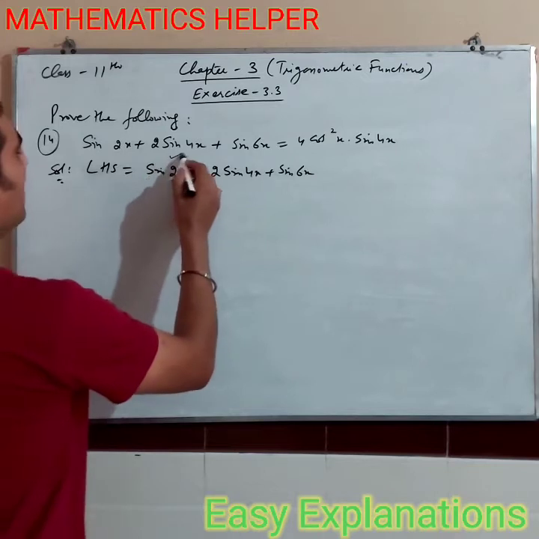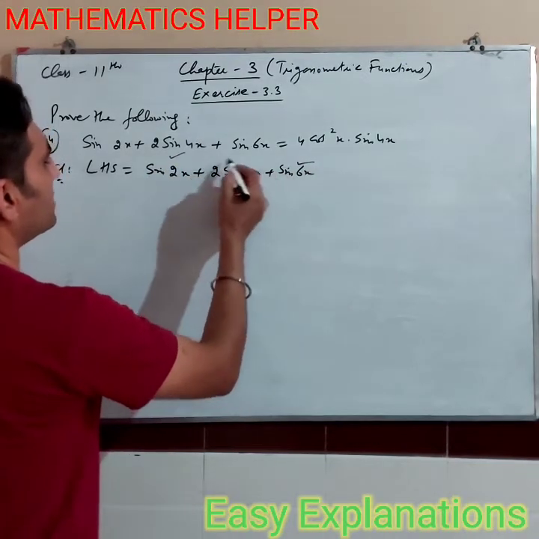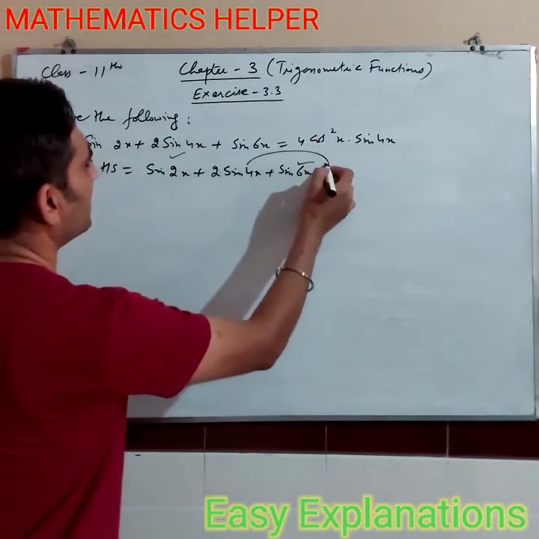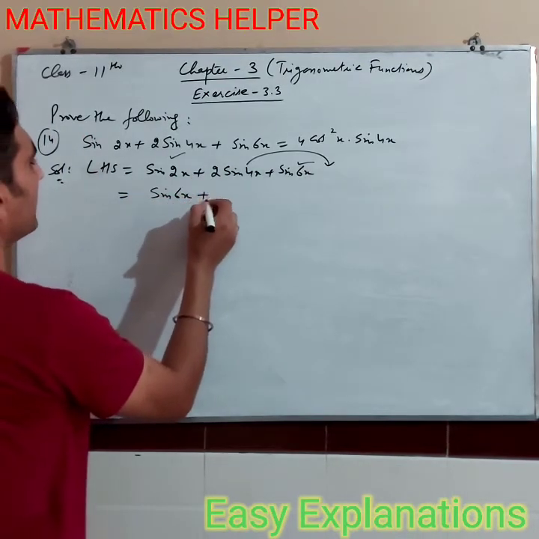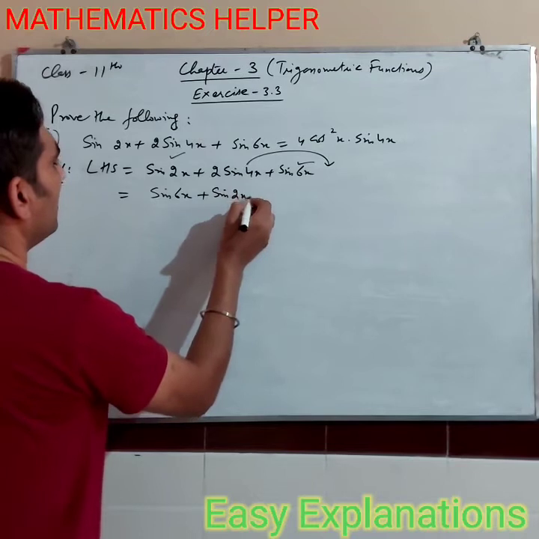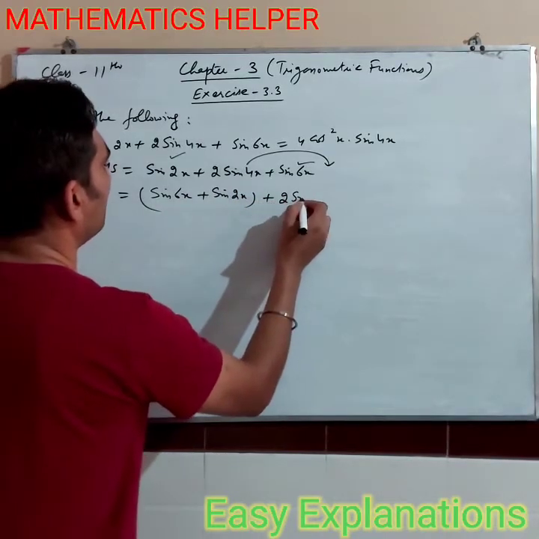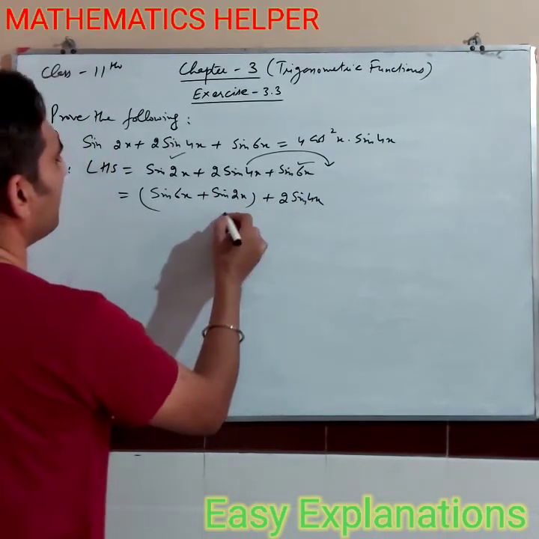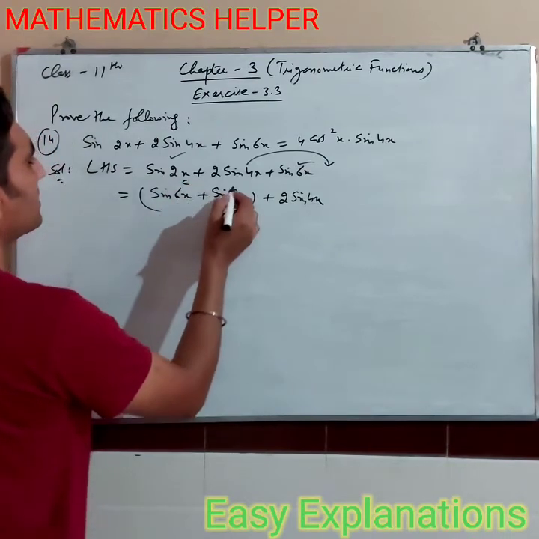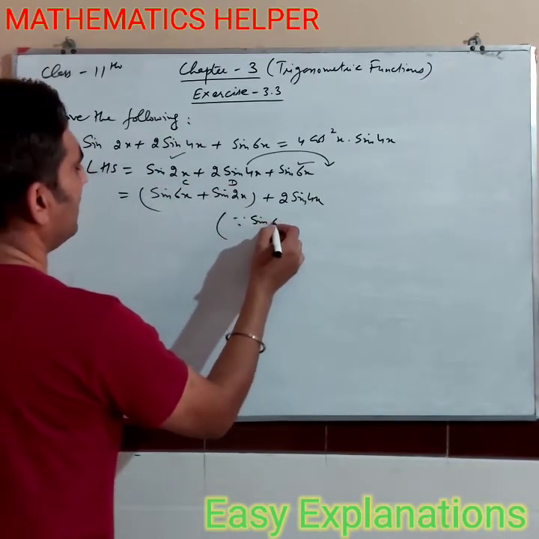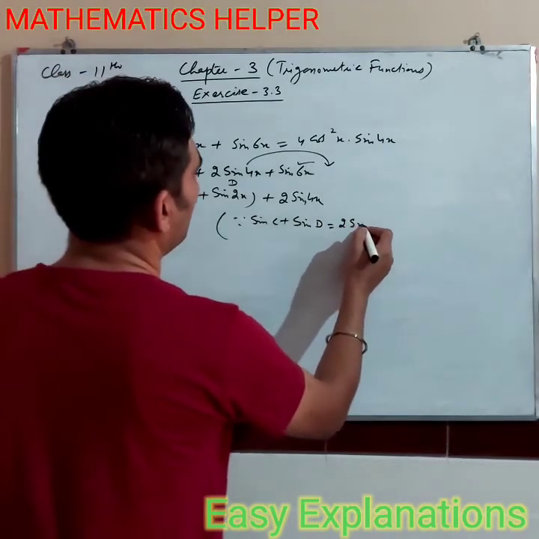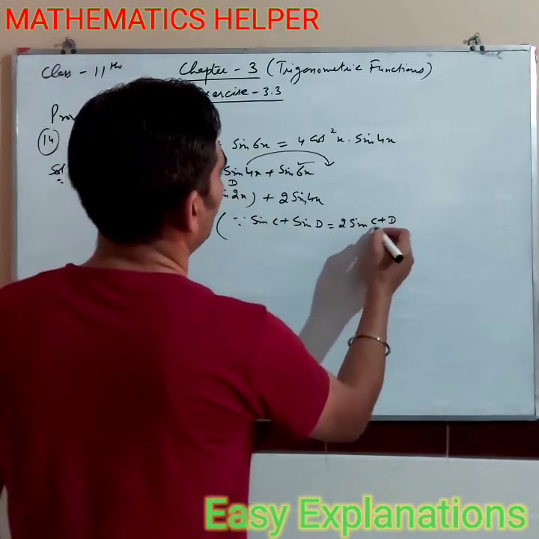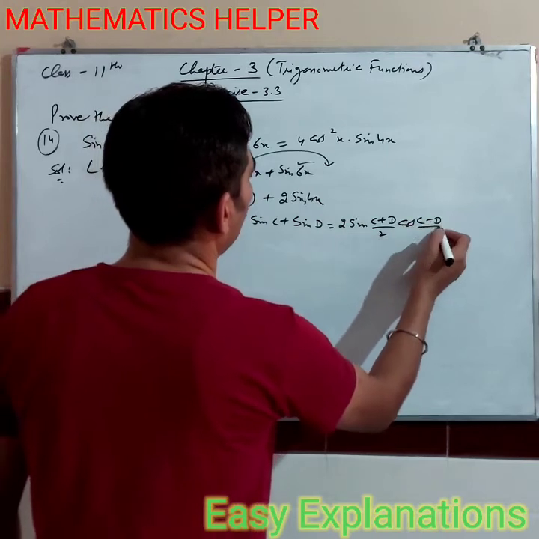Very first thing, we will combine these two of the same type. It is 2 times, so we will mark it in the end. See how? I will write sin 6x first, then plus sin 2x, and in the end 2 sin 4x. Now it is like a formula. What is the formula? Sin C plus sin D. It is 2 sin (C plus D)/2 cos (C minus D)/2.